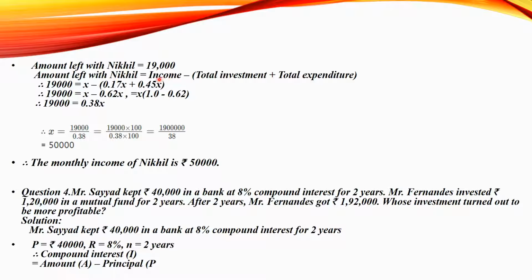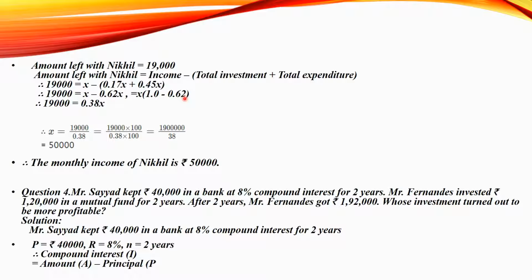We have 19,000 is equal to X minus 0.17X plus 0.45X. 19,000 is equal to X minus 0.62X, which is equal to, taking X common, X inside the bracket 1.0 minus 0.62.